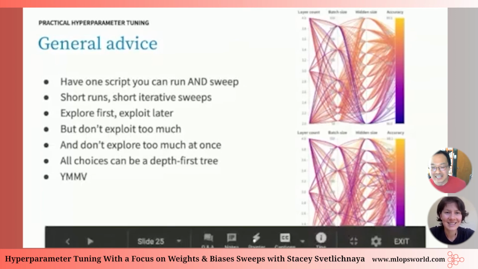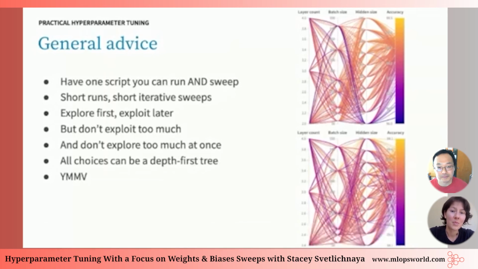Right, okay, and then we have another listener, Alex. Is there a library for plotting these cool orange and purple diagrams? So outside of Weights and Biases, is there some third-party open source library that can do the same thing? Weights and Biases is free to use for open source projects, and the code is actually open source.